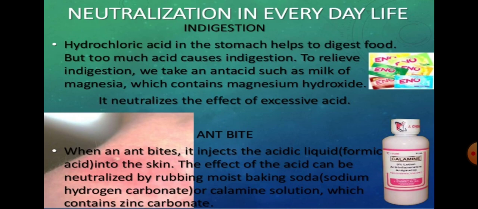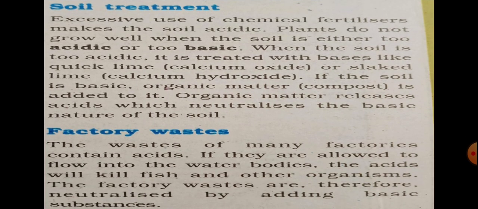Next is soil treatment. Excessive use of chemical fertilizers makes the soil acidic. Plants do not grow well when the soil is either too acidic or too basic in nature.